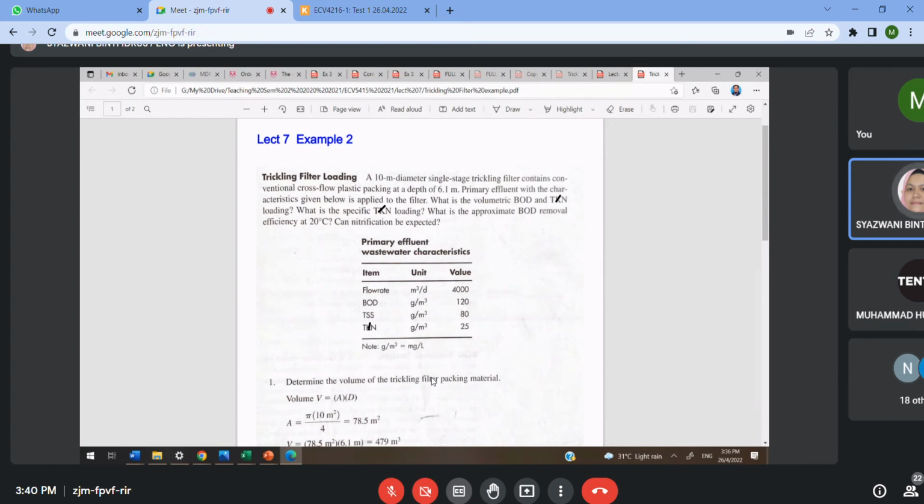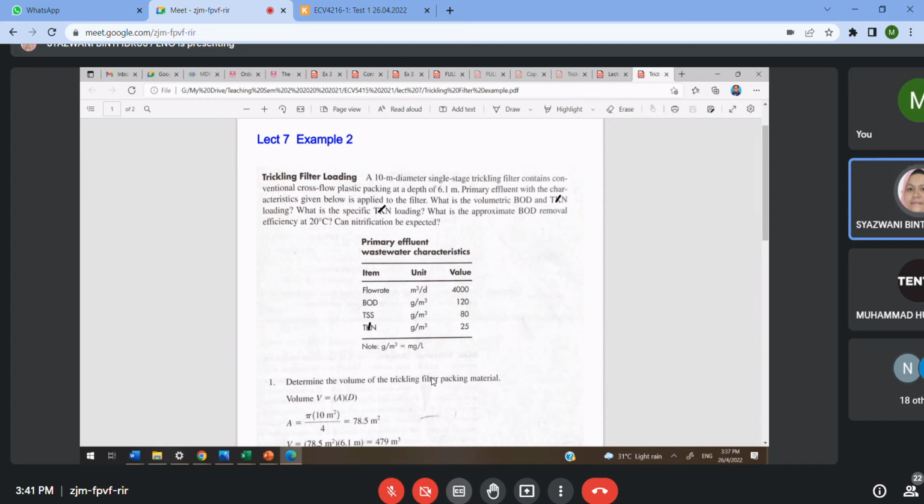Some people use TKN, but I prefer to use total nitrogen, because to calculate total nitrogen we use TKN. First calculate the volumetric BOD and total nitrogen loading.